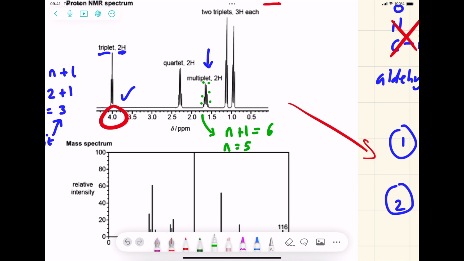And also we have a chemical shift for that multiplet at about 1.6, I would say, 1.7. So looking at my data table for the NMR, I can see that 1.6 to 1.7 indicates a hydrogen bonded to a carbon, which is then directly attached to another carbon. So in other words, a normal alkyl group.